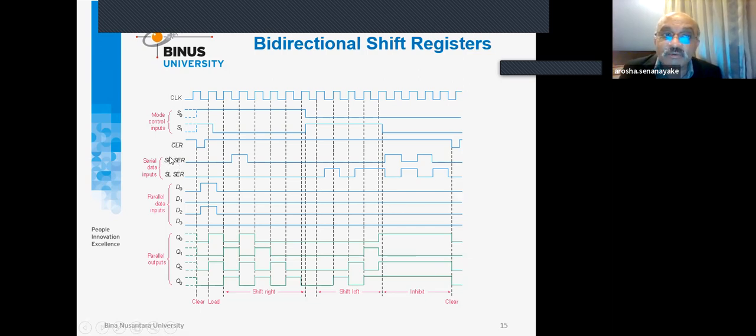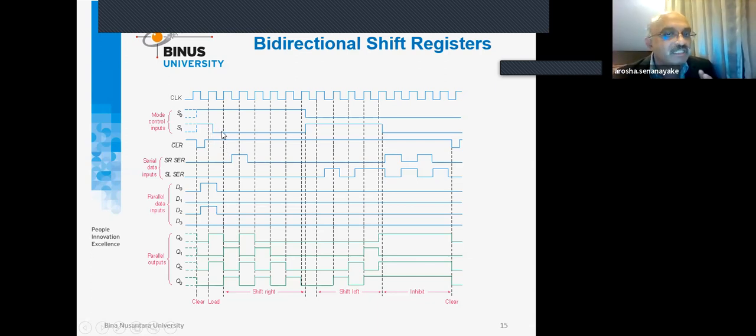Accordingly, there is an important signal I haven't explained in the previous slide: shift right enable should be here. As you can see, during this process S0 is 1, S1 is 0, so shift right occurs. But very important, shift right enable should happen after S1 goes low, stable, steady, not somewhere here itself.